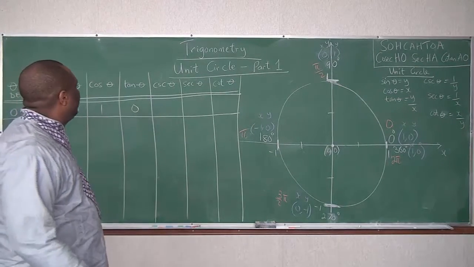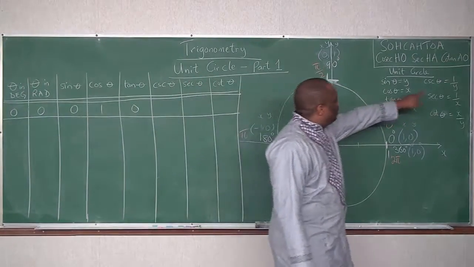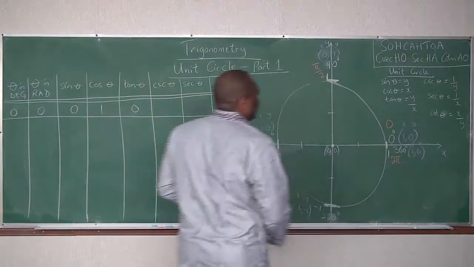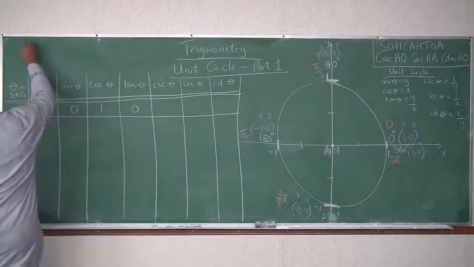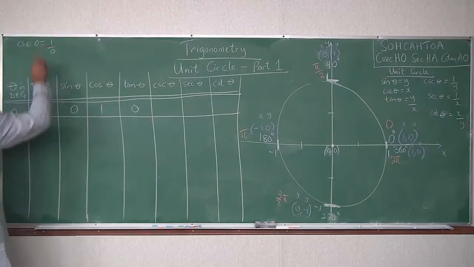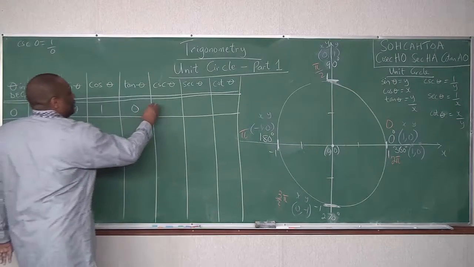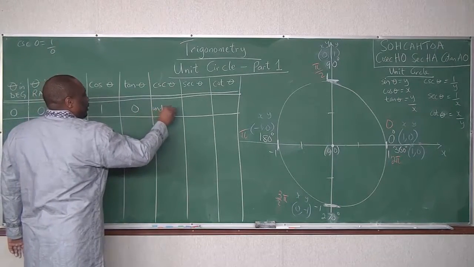Cosec 0 is 1 over y, so cosec 0 is 1 over 0. And 1 over 0 is undefined. You write undefined.